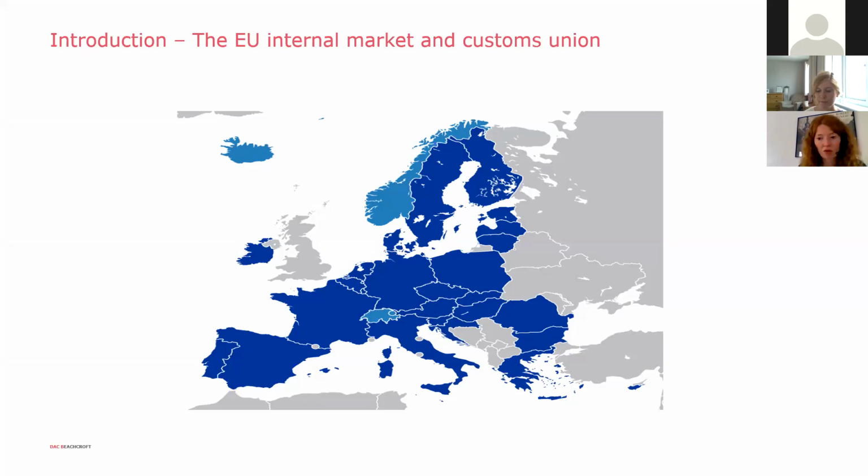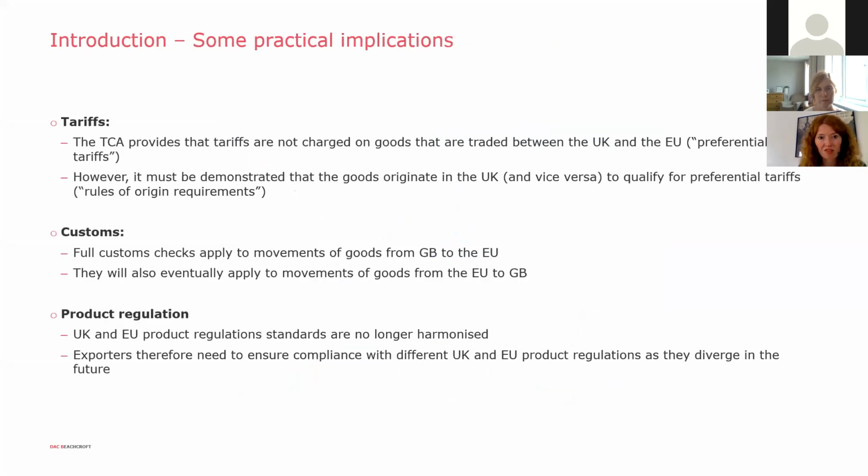I just thought that would be good for us to have as a quick overview before we move on to the more complex nitty-gritty, but just to see why these changes have come along. And they obviously have an impact on what we're going to talk about here today. So the fact that we now have a different system and a separation obviously means that we have tariffs now. The TCA, as we will see, has established preferential tariffs or zero tariffs, and also no quantitative restrictions.